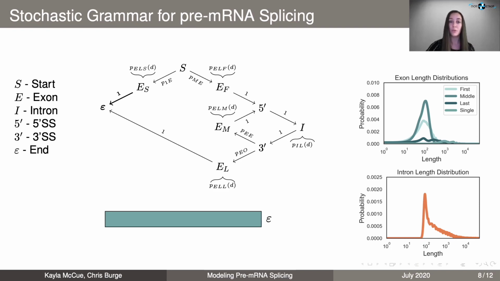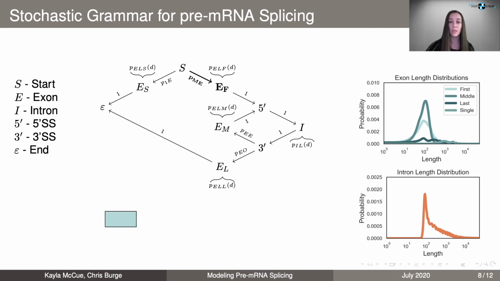But if we were to rewind back to the beginning, we can see what happens if we instead take this arrow to the right with probability PME. In this case, we end up in the state EF, another exonic state, but this subscript indicates that it is the first exon in a multi-exon gene. As with the single exon case, we sample from its length distribution to get a value D, and then emit D exonic bases to form the first exon.